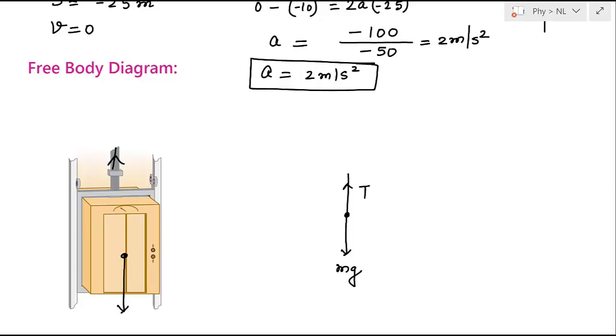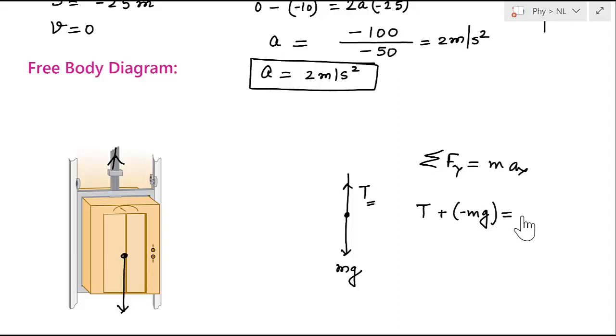So now I can write Newton's second law, that is the sum of the forces in the y direction equals mass times acceleration in the y direction. In this case, acceleration is in the y direction and the magnitude is 2 meter per second square. What are the forces? In the upward direction we have a force of T, and in the downward direction we have a force of mg.